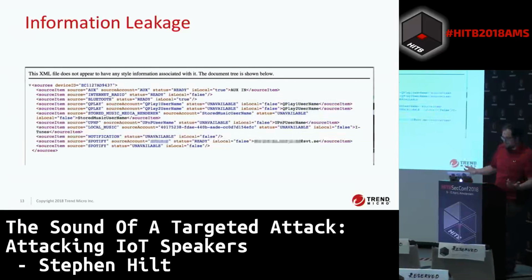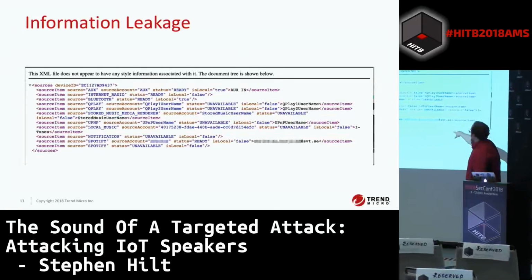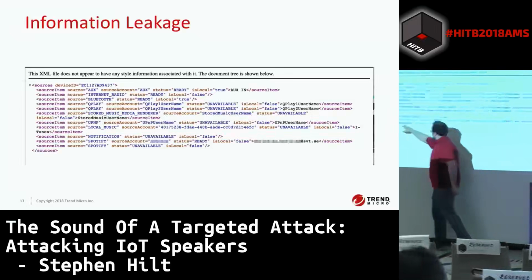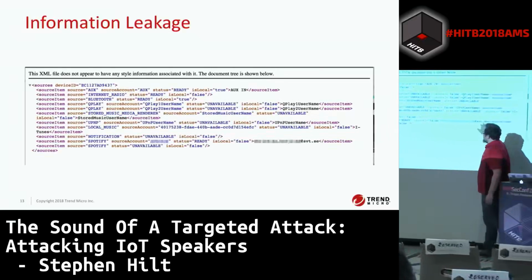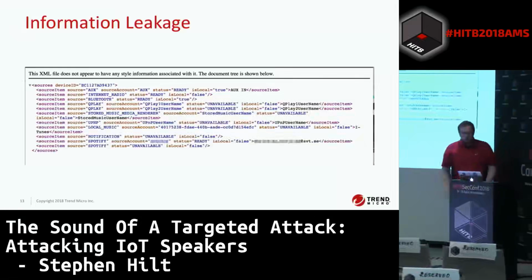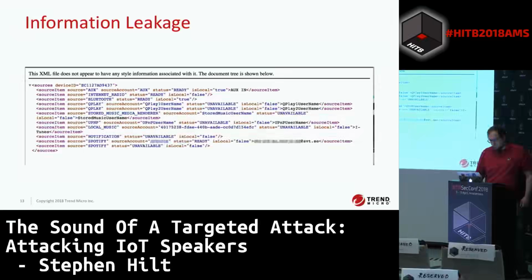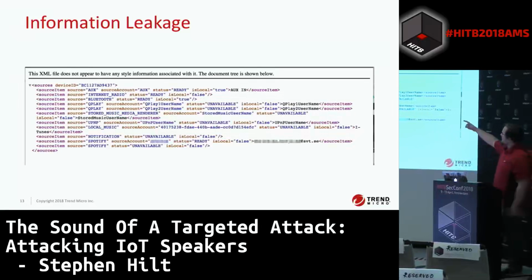Started looking in the Bose as well. Once you start pulling into their API, it's the same information. So this is a Spotify account, and this is their email address for their Spotify account. In this one, you can also see the main connection.